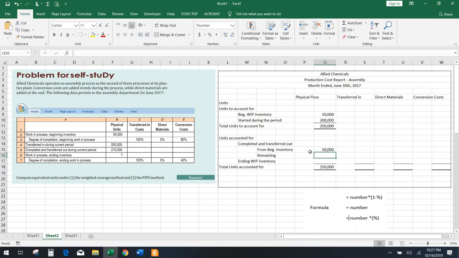So the completed and transferred out is everything that's not in the ending inventory. So that means this plus this has to equal 210. So that means this must equal 160,000. And then this has to equal the remainder, which is 40,000. Okay, so all these numbers have to add up to 250.